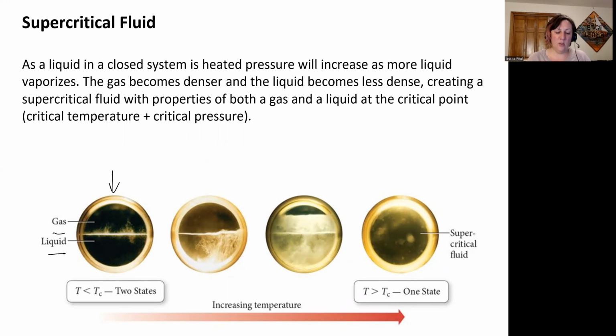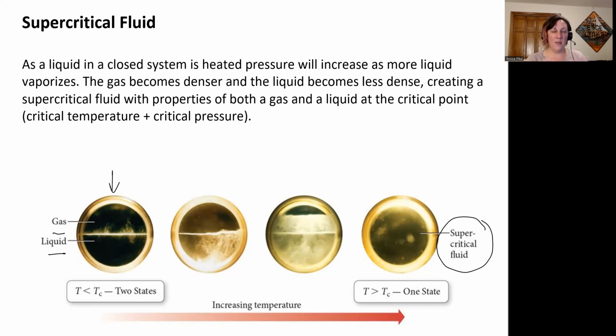Then as we increase the temperature and the pressure of this system, it really changes until we hit this phase where there isn't a difference between the liquid and the gas. What we have is our supercritical fluid. It's denser than a gas, but less dense than a liquid, and it will have properties of both.